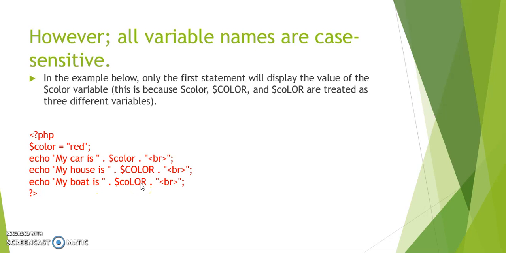At the end of the day, you see that the first one will be printed because we have the color variable and we assigned a red value to it. But the other two will not be printed because those color variables are not defined nor assigned. The same goes for this toggle case here.